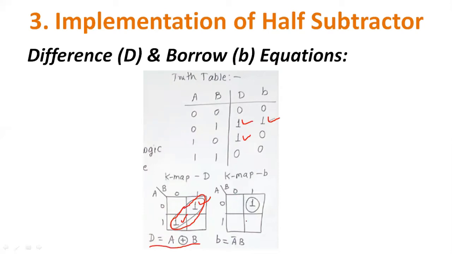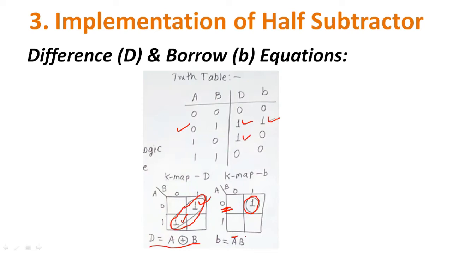For borrow we have only one logic one, so a single group of one is done here. The output equation will be A bar B. The bar is taken because 0 is given here. So for 0 we write the complemented variable.